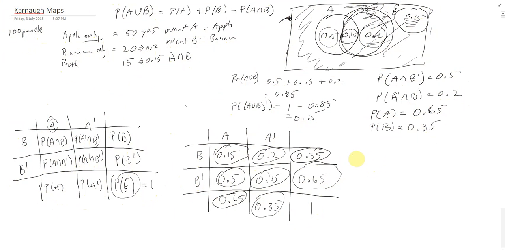So hopefully you can see that these are equivalent to each other. The Venn diagram approach or the Karnaugh map, they're just a different way of basically doing the same thing.